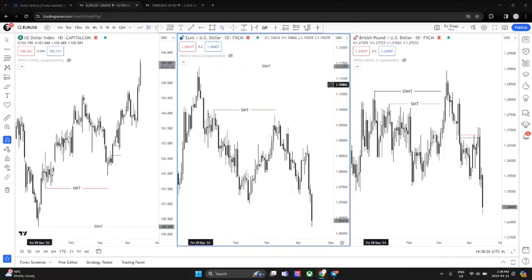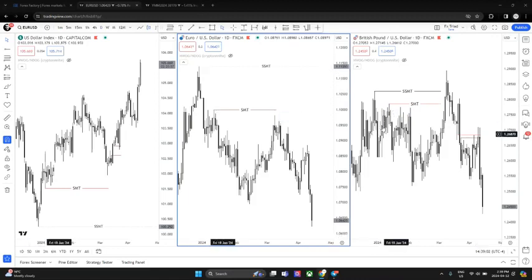So throughout all of this, the euro was falling here. Even when this high was formed right here, and then you have this high right here, you can see the distance between here and here is much less than this distance.